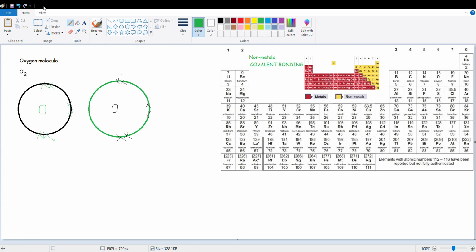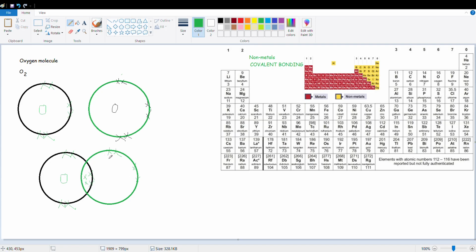What I can do best over here comes with practice, so keep practicing again and again. You have one oxygen here, and I will take another oxygen and put it here. 1, 2, I just did not make them with dots. 3, 4, and 5, and 6.